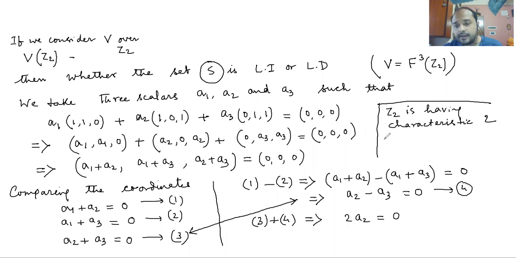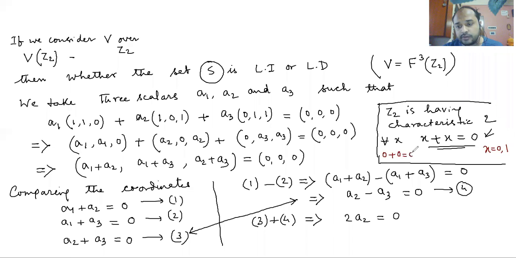What does it mean? For all x, x plus x becomes 0. If we apply this definition of characteristic over here, Z2 has two elements, so the possible values of x are 0 and 1. So you get 0 plus 0 equal to 0, and 1 plus 1 is also equal to 0.